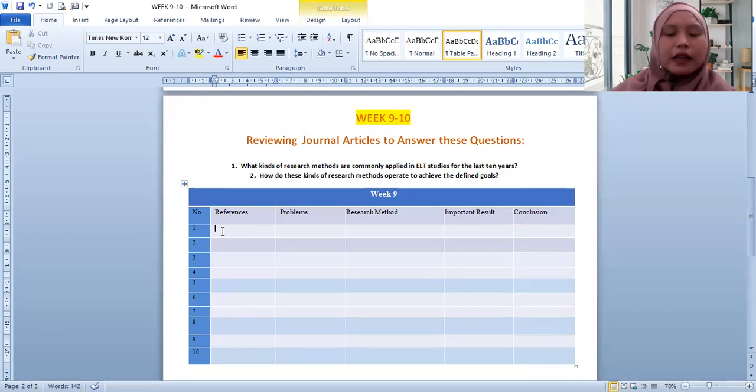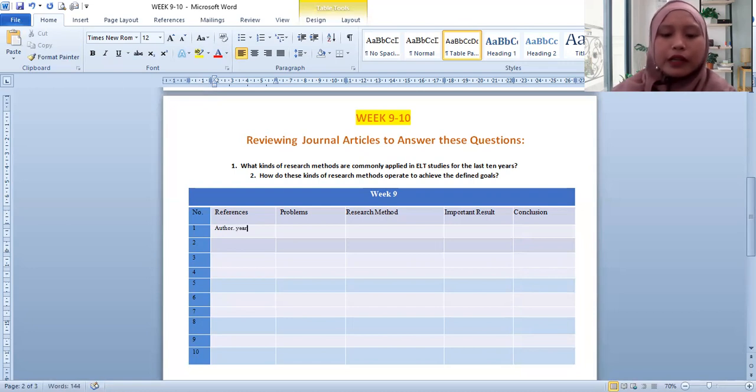First one, you have to pay attention to the references. You're going to write down the author's name. So who is actually the author? And then you also write down the year of publication, in what year the article is published.